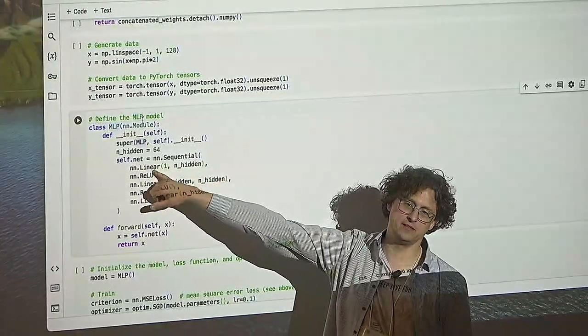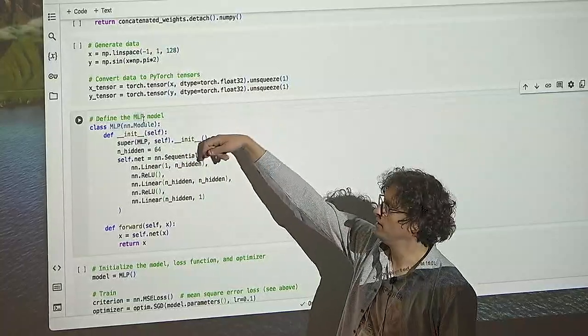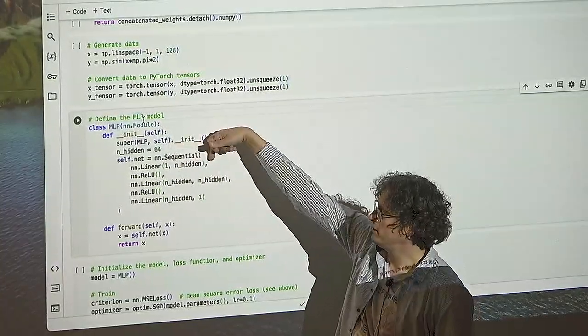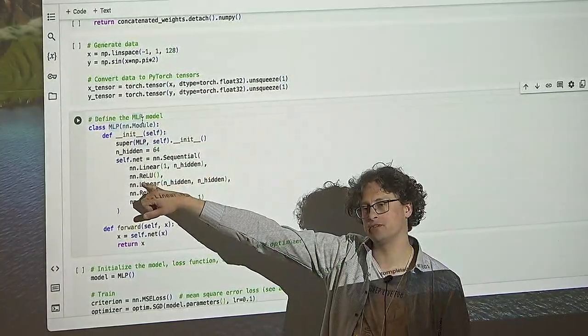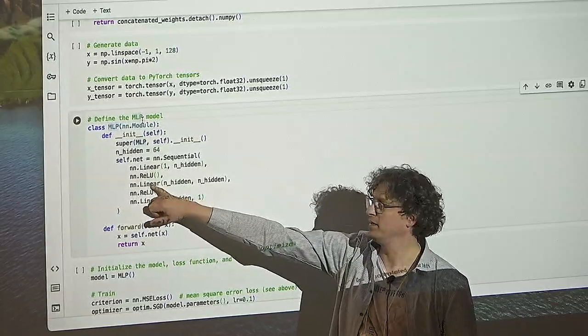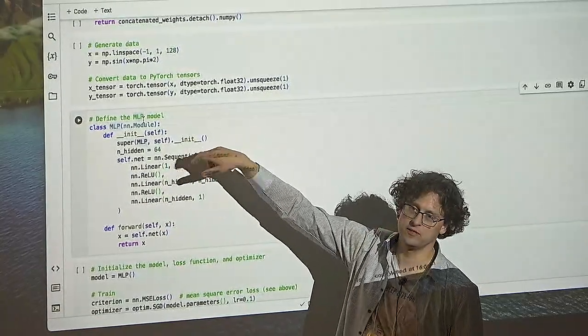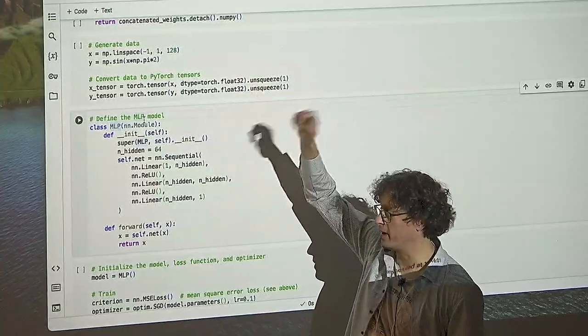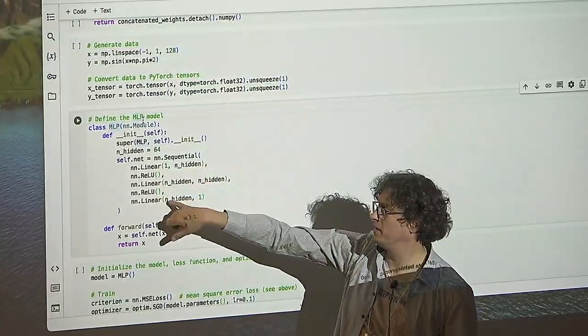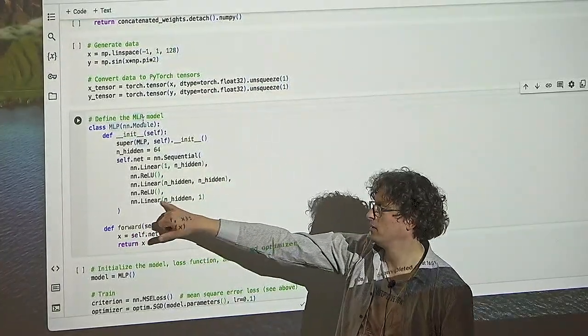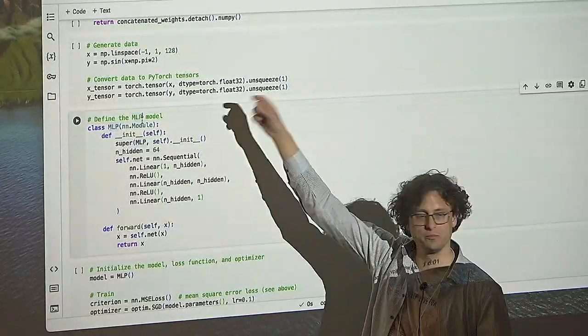The linear layer is an affine transformation from 1D to 64D. Then the output of this goes into a ReLU activation function. The output of that goes into a linear layer, which maps from 64 to 64. So that's another set of weights and bias. Then this goes again through a ReLU, and then a linear function that goes back to 1.